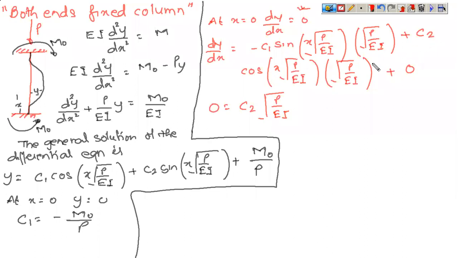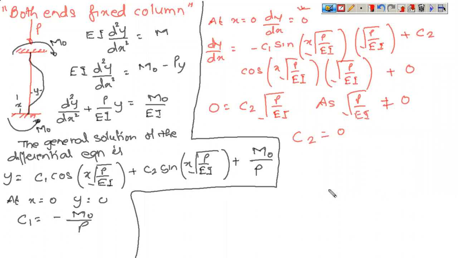So this is C2 into under root P by EI plus 0 is equal to 0. As under root P by EI cannot be equal to 0, we have C2 is equal to 0.